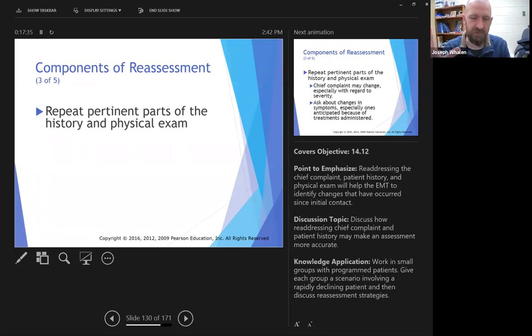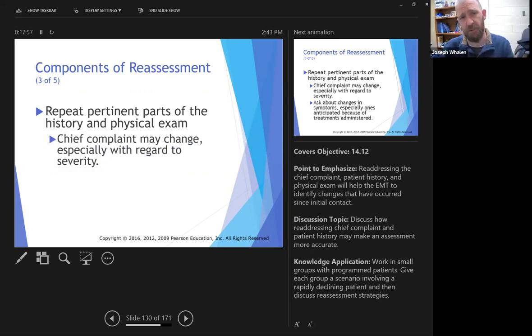We know what the patient's chief complaint is, or at least initially. Maybe it's changed, but at least initially we know what that is. We know what the problem is, where the pain might be, where the injuries might be, things like that. And so we can focus in more on that, rather than taking the more general approach that we did in our initial primary and secondary assessments. So just hit the pertinent parts there.